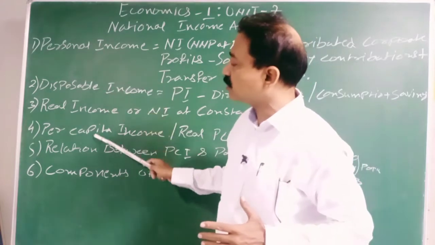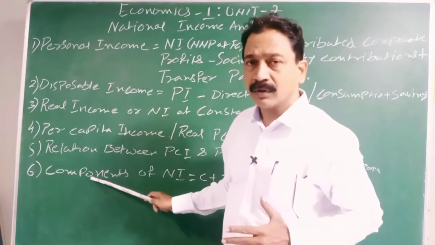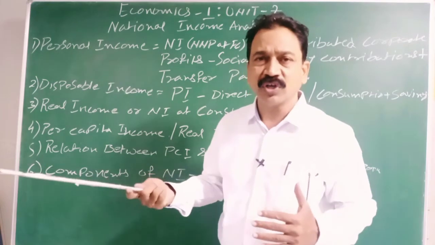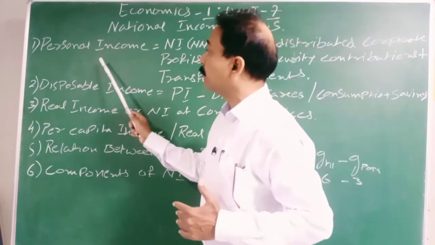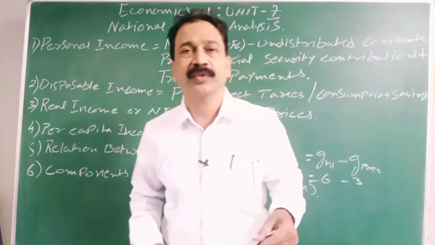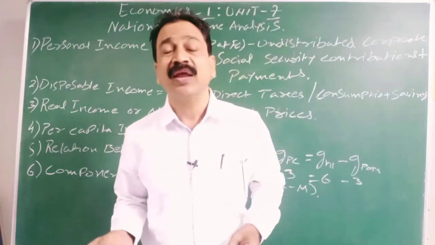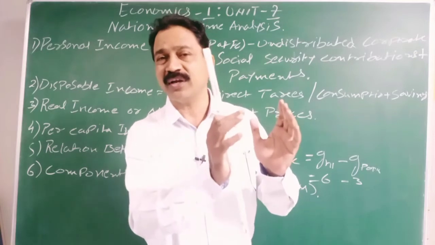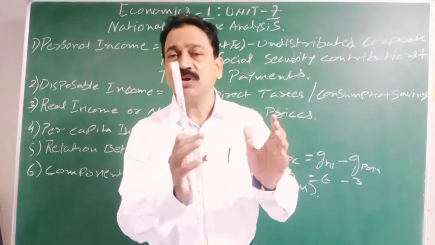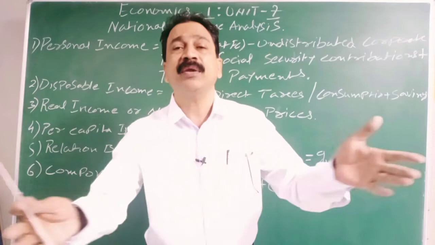Particularly, 5 concepts belong to national income concepts. Now we will see personal income. First, let us try to understand what personal income is. It is that part of national income which will be distributed among the people.